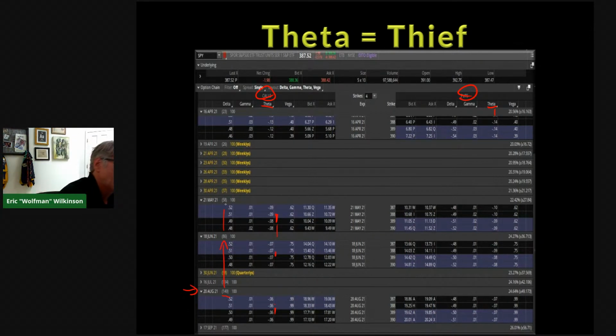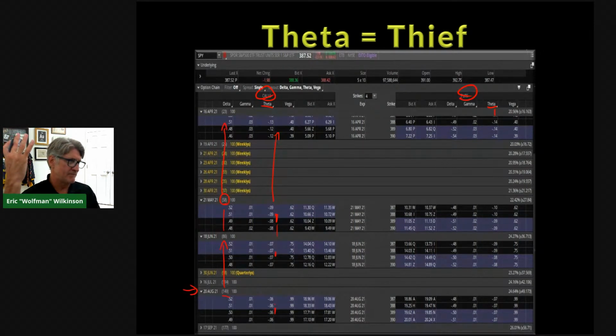And then from 58 days to 23 days, so the next 30 odd days, look at this, goes from 8 cents to 12 cents. It increased by 50%, right? From 8 to 12, it increased by 50%.